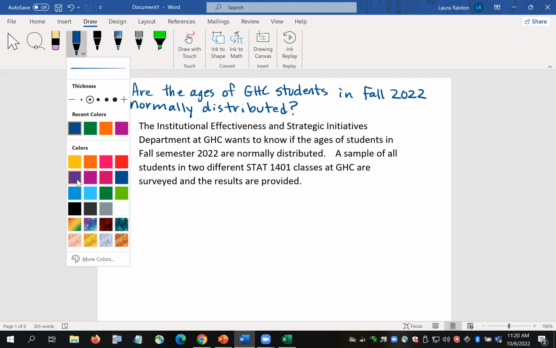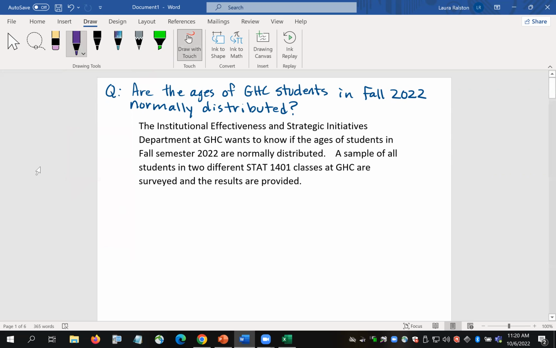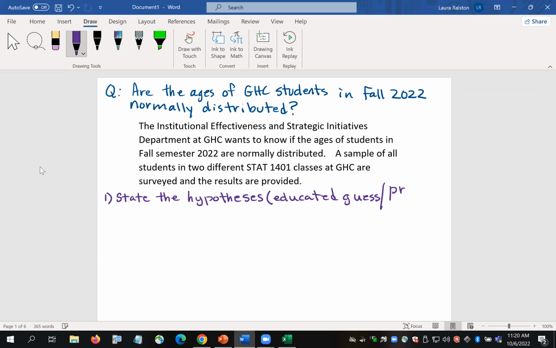So if we begin our hypothesis testing process, if you'll recall, step 1 in the process is to state the hypotheses. Remember, your hypothesis is your educated guess or your proposed solution.